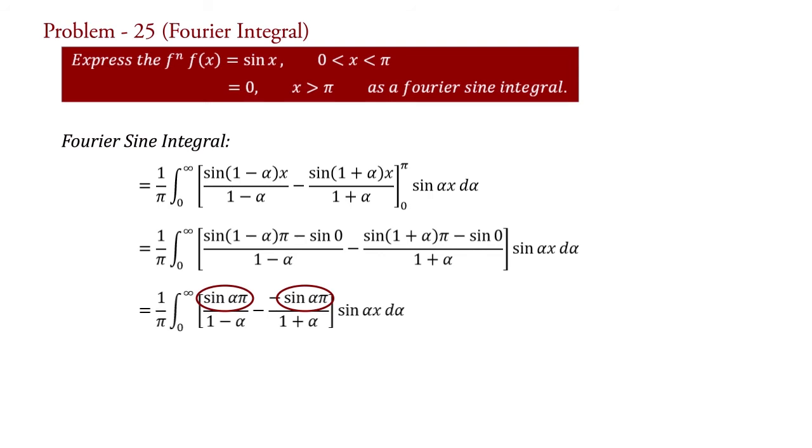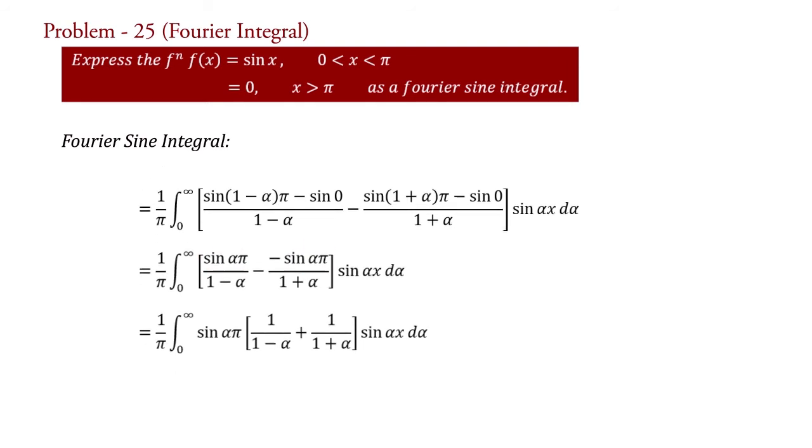Now, taking sine alpha pi common, therefore, f of x equal to 1 upon pi integral 0 to infinity sine alpha pi into bracket 1 upon 1 minus alpha plus 1 upon 1 plus alpha bracket over sine alpha x d alpha.